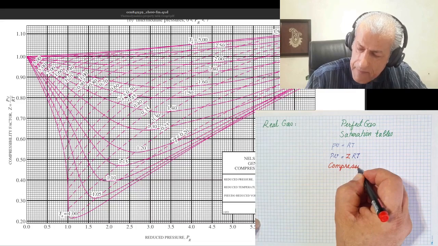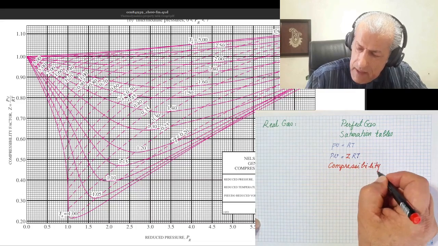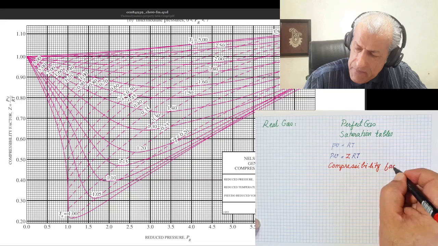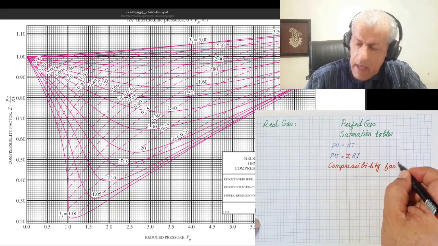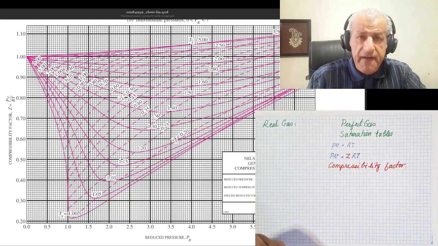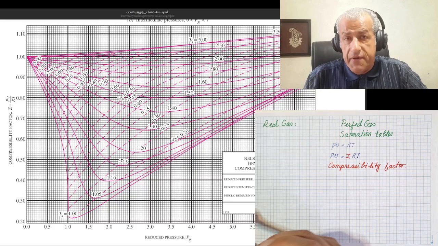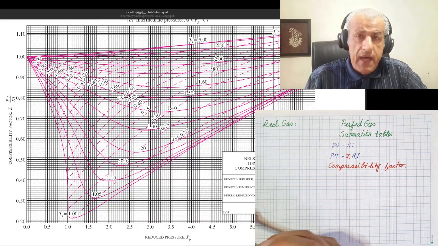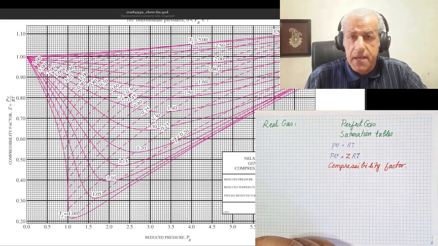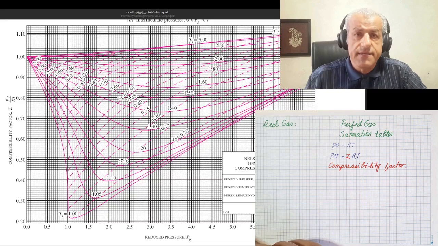It's a factor which basically corrects our assumption of the perfect gas. They have tested many substances for it, and they have come to a chart that gives us the possibility to calculate or to find Z.